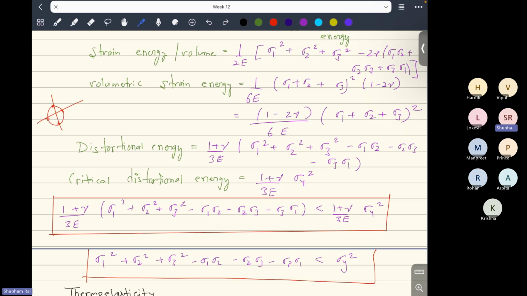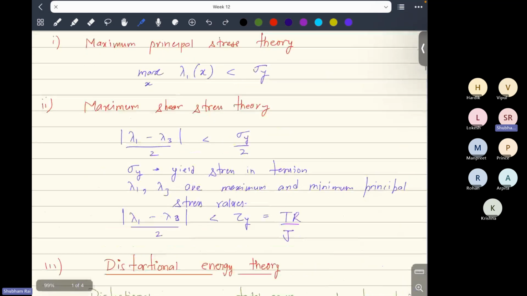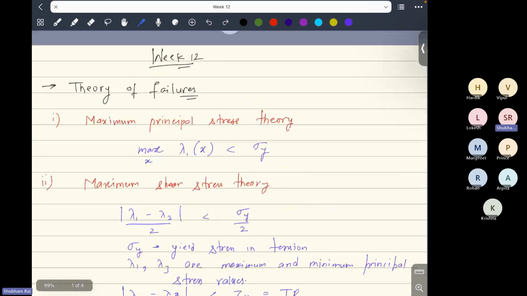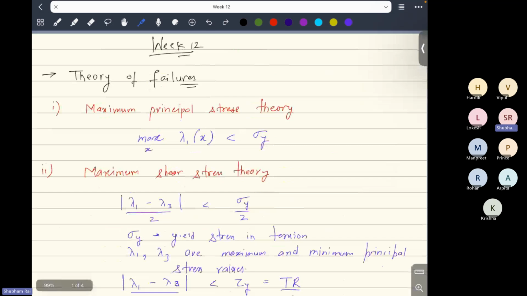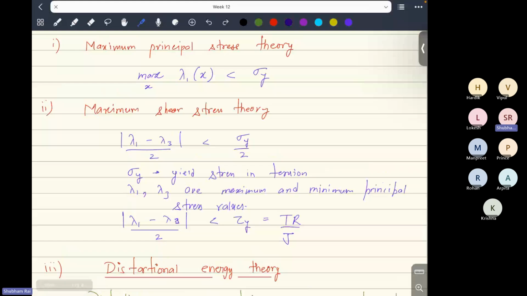But here we have written the maximum principal stress theory, so that is equal to sigma y by 2, because, sorry, maximum shear stress theory. So one shear stress that you can get is from the uniaxial test. In the uniaxial test, your maximum shear stress is sigma y by 2.